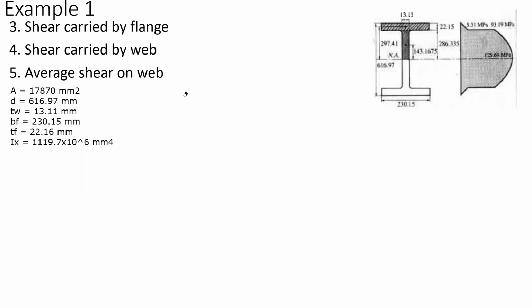Number 3 is shear carried by the flange. So let's call that V of F. Okay. And that is simply N over 2 FV1.